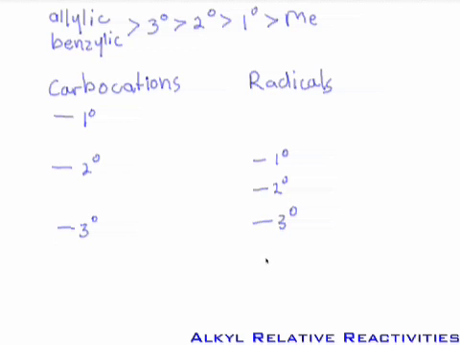So in radicals, 1-2 shifting isn't as important as it is in carbocations. Often when you say this to students, they breathe a sigh of relief. So we don't have to worry about the 1-2 shifting that we saw in carbocations.